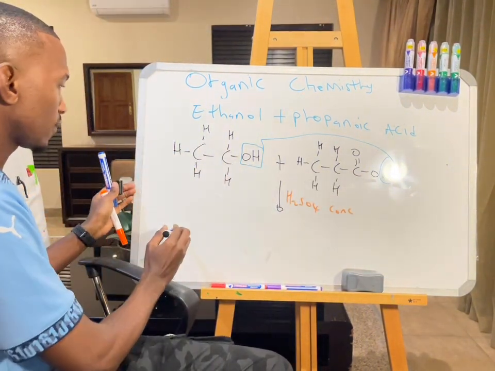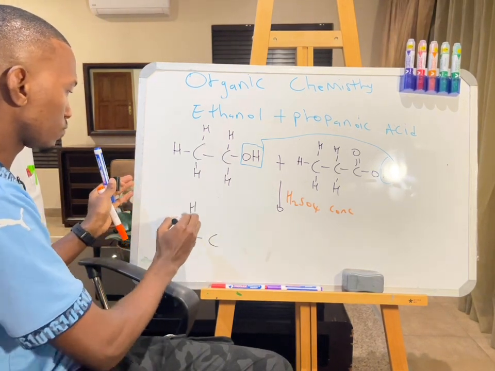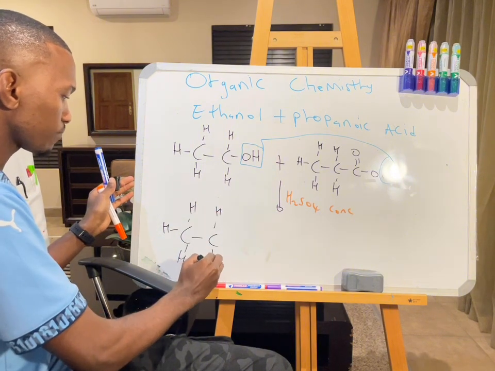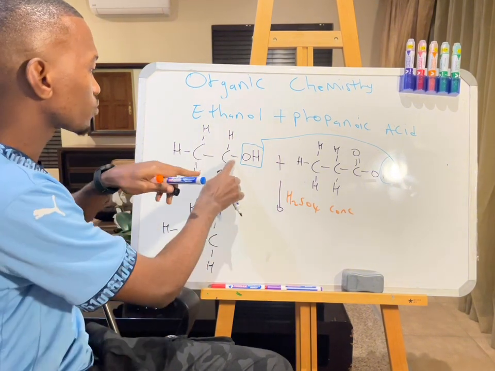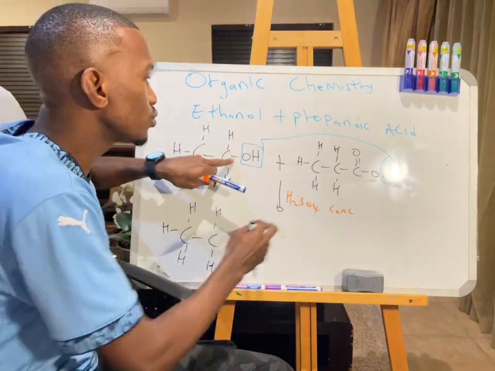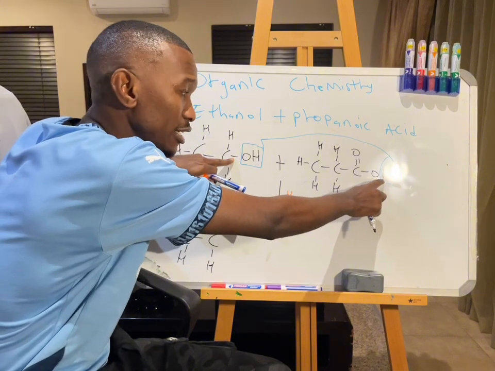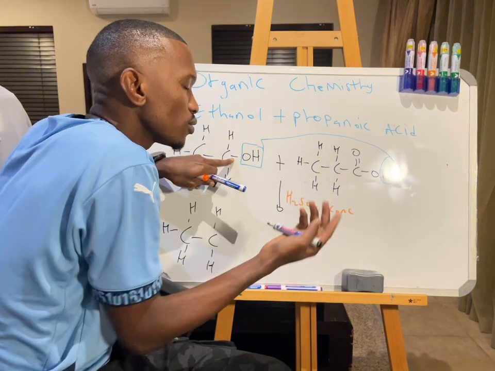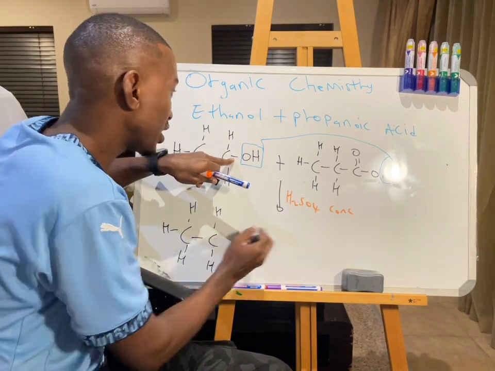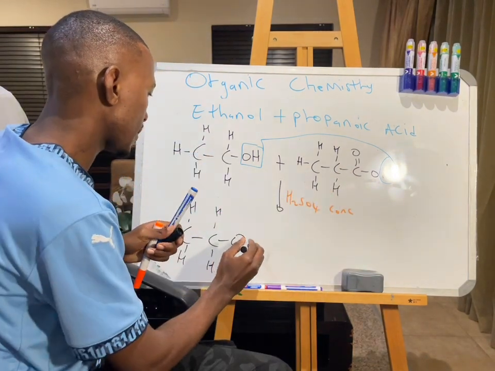So we're going to have C. Remember, the moment this OH goes, this guy needs to bond. So he's going to bond with who? Here. This oxygen is also having a gap. It needs someone to bond to. So we're going to take that oxygen and put him here. Then these guys can come.